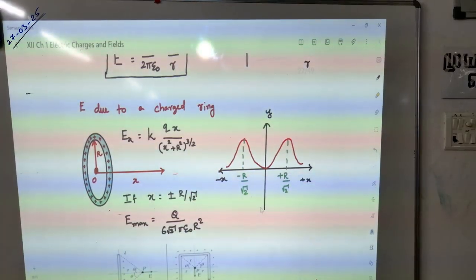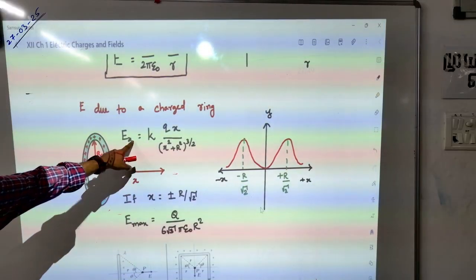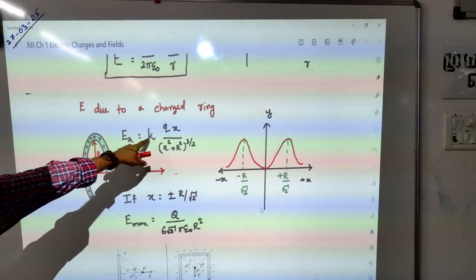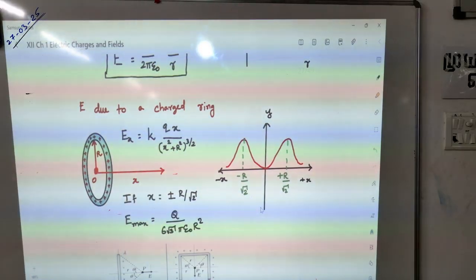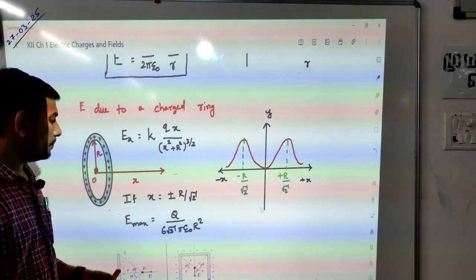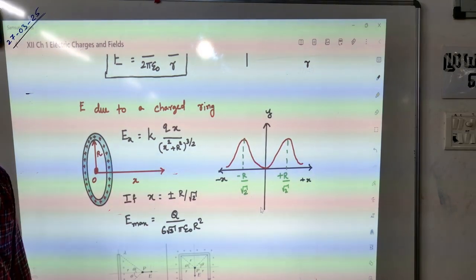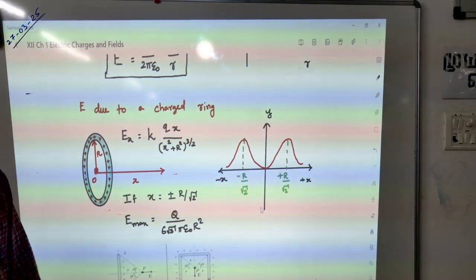If I have a ring, the charged one, this is how the electric field maximum is going to be. Electric field along the x-axis is given by kqx divided by (x squared plus r squared) whole power 3 by 2. Fine. The maximum value could be q divided by 6 times root 3 times pi epsilon naught r squared.